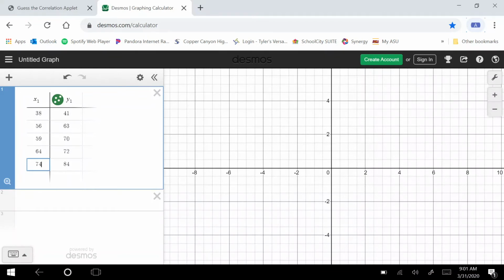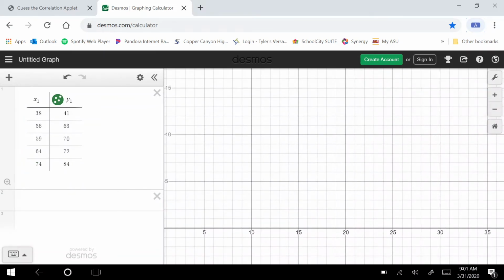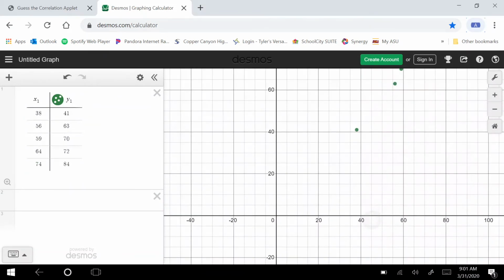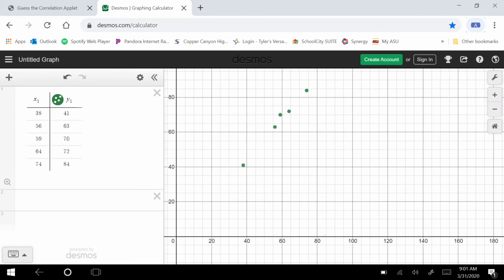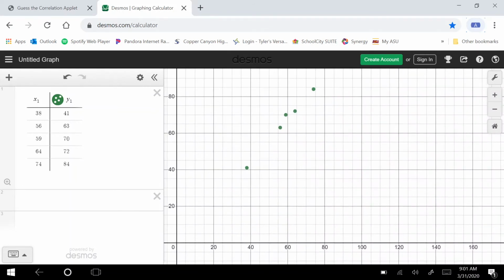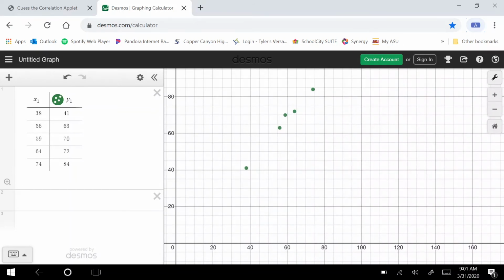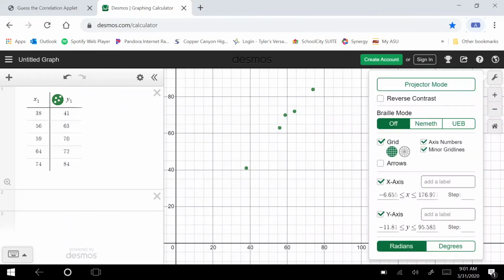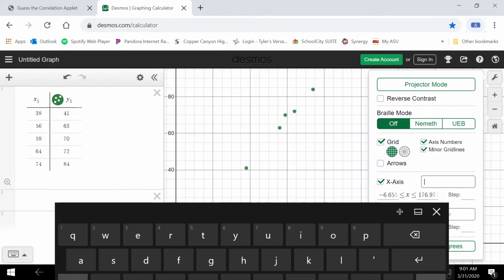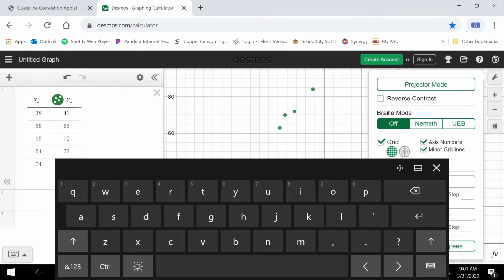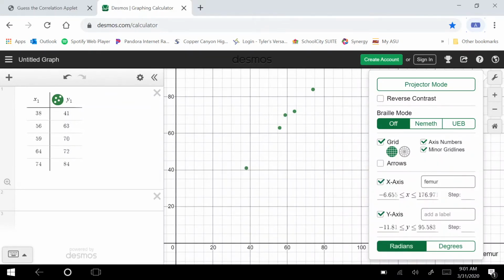Again, nothing showed up in my Desmos because I need to scale this a little bit. So I'm going to zoom out so I can see my points like this. I'm going to go into my settings up here at the top. I'm going to label my x-axis as femur and my y-axis as humerus.